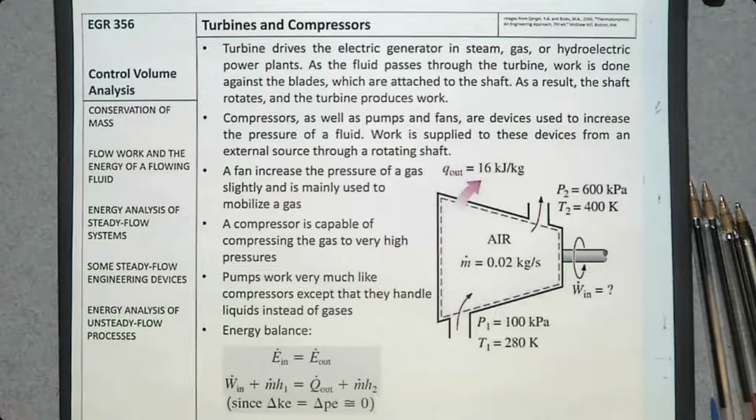So we provide thermal energy by burning fossil fuels, or by nuclear reaction, or by concentrating the sunlight, or by collecting the heat from underground, such as geothermal power plants.